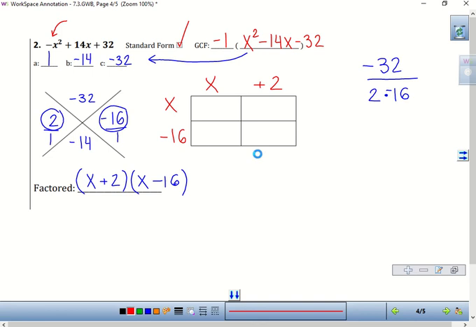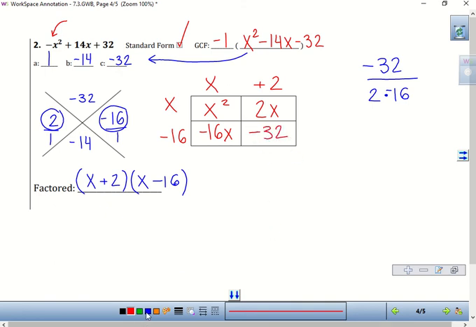And we're going to multiply all the boxes to check our work. So what's x times x? Good. What's x times negative 16? Good. X times 2? 2x. And 2 times negative 16? Negative 32.